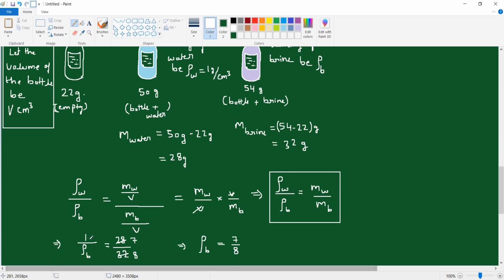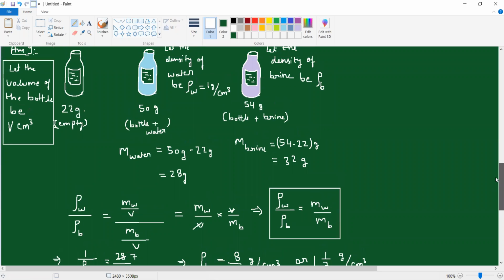See, 1 upon rho B was 7 upon 8. When I take the reciprocal on both sides, it will be 8 upon 7 gram per centimeter cube. Without mentioning the units, your answer will be wrong. It can also be rewritten as 1 whole 1 by 7 gram per centimeter cube, or you can express it in decimals. It's up to you. This is the answer.